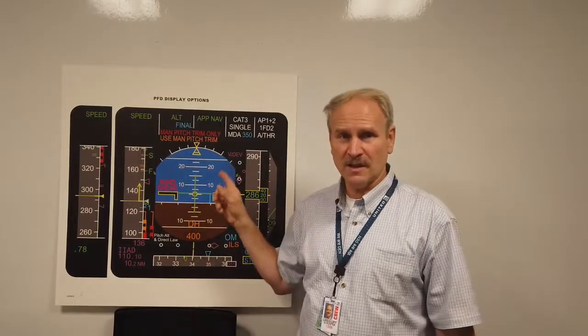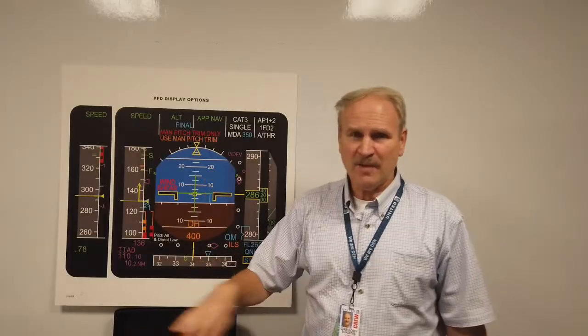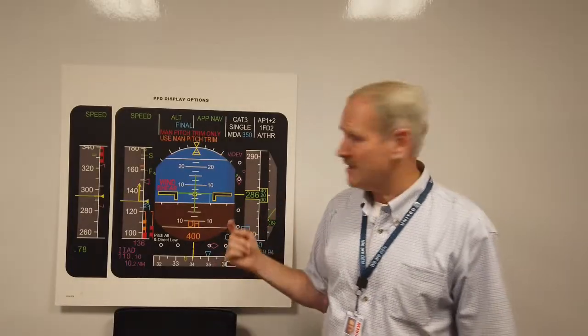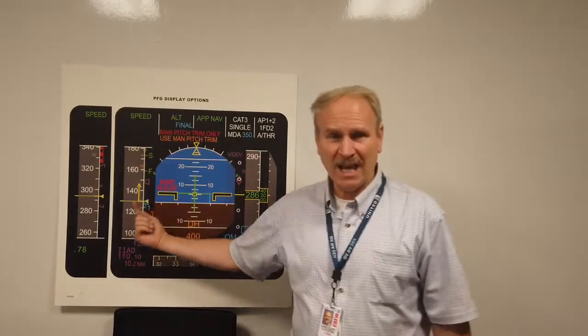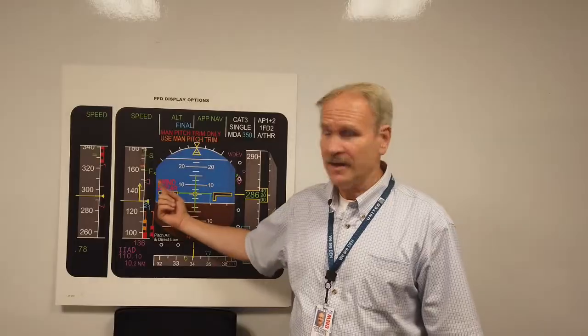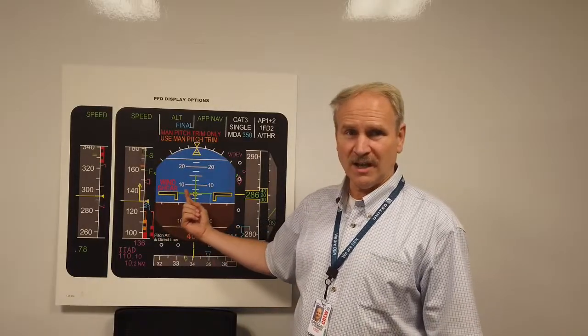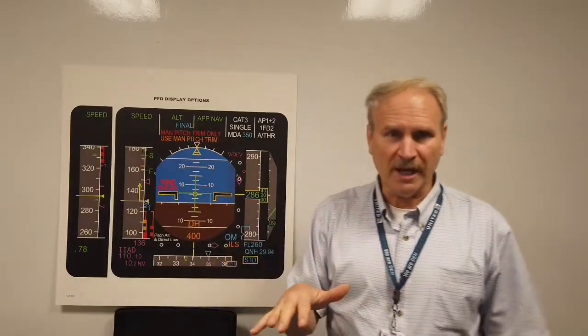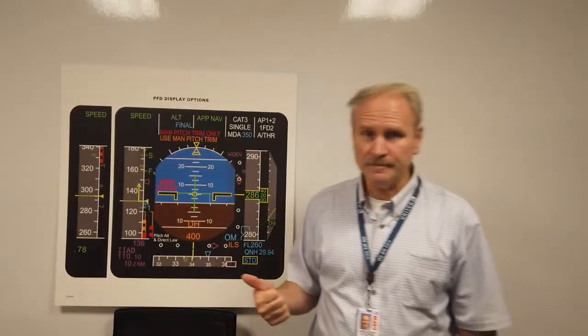I can't tell you how many crews I've seen who didn't do this, who just left the red FD up. I'm giving them vectors, working them in for the approach, and they're blowing through headings because their brain cells are somewhere else. But if you bring in the selected heading index as you're being vectored around, it will always get your attention as it arrives on the stage of the PFD here, and it'll let you know, oh yeah, I need to roll out here as I'm following all of those vectors. So it's useful in that regard.